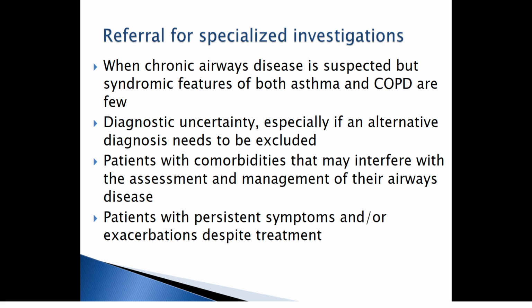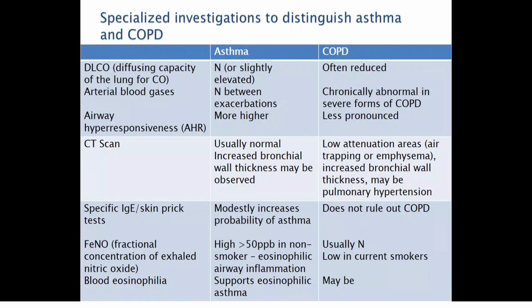If there is diagnostic uncertainty, especially if an alternative diagnosis needs to be excluded, we send patient for specialized investigation. Patients with comorbidities that may interfere with the assessment and management of their airways disease, patient is sent for specialized investigation. Patient with persistent symptoms, exacerbation despite treatment, send for specialized investigations.